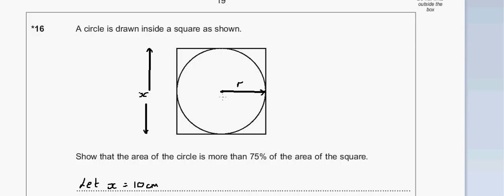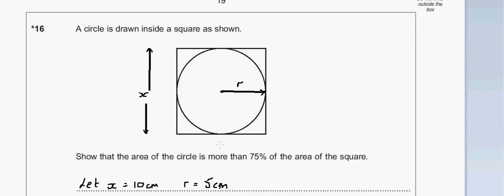Okay, so this circle apparently is more than 75% of the square. We could use pure mathematics to do this, but it would be easier if we just chose a random value. Okay, so I've said that one side of the square is x. Okay, you don't have to put x in. You could just say one side equals 10 centimeters. So we're going to give that a value. So r must equal half of 10, so that's going to be 5 centimeters.